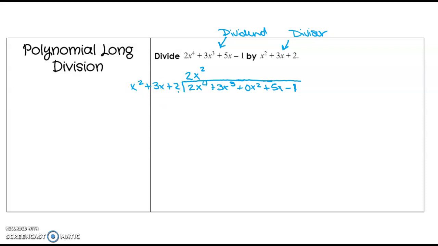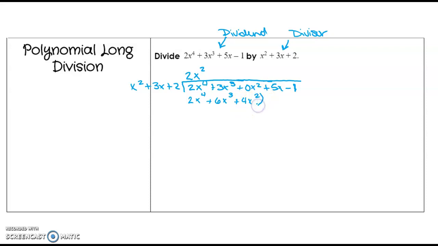So 2x to the 2nd times x squared is going to give me 2x to the 4th. And then 2x to the 2nd times 3x is going to give me plus 6x to the 3rd. And then I have 2x to the 2nd times 2, which is going to give me plus 4x to the 2nd.